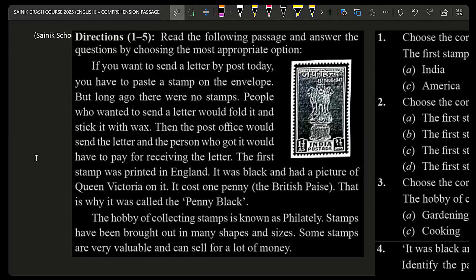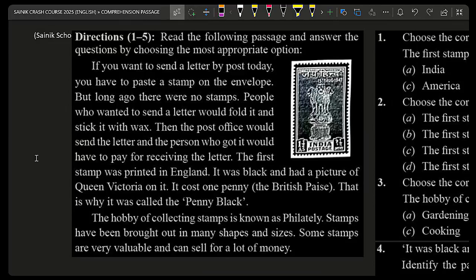People who wanted to send a letter, see the spelling properly, wanted. Start again. People who wanted to send a letter would fold it and stick it with wax.